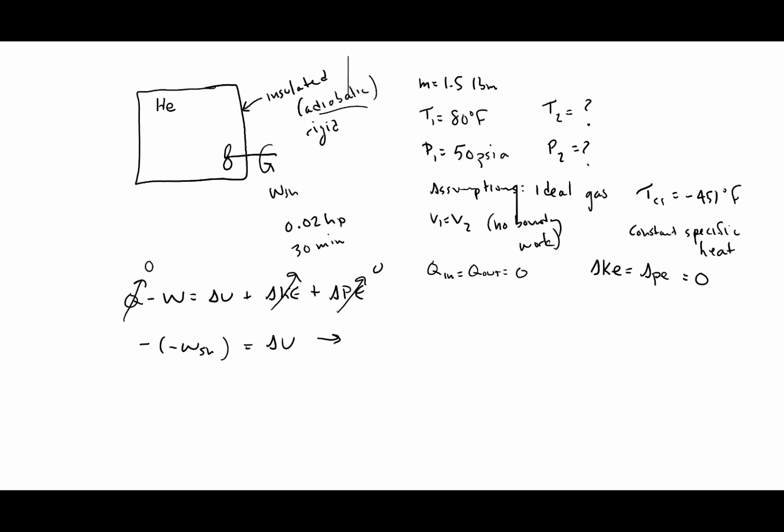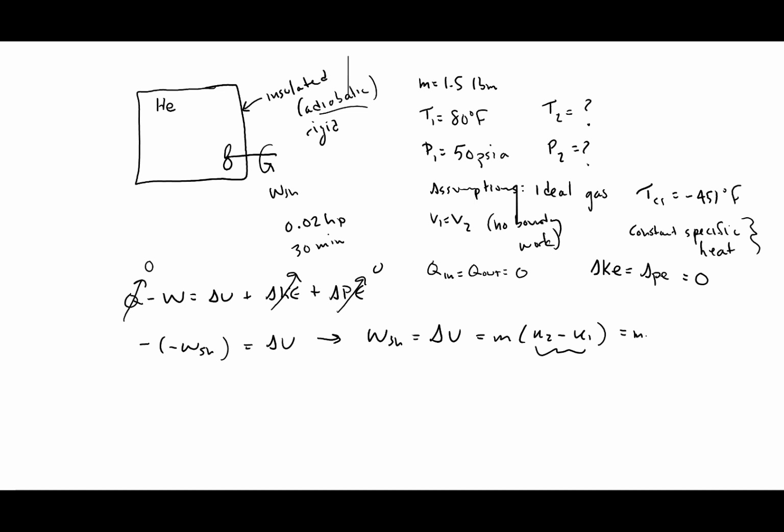So our energy balance is going to be that the shaft work is equal to delta U, which is equal to mass multiplied by U2 minus U1. We're not going to get U2 or U1 off the table because we don't have a table for helium. So we're going to use the specific heat, and we've already assumed that it's a constant specific heat, so we're just going to use the average specific heat.